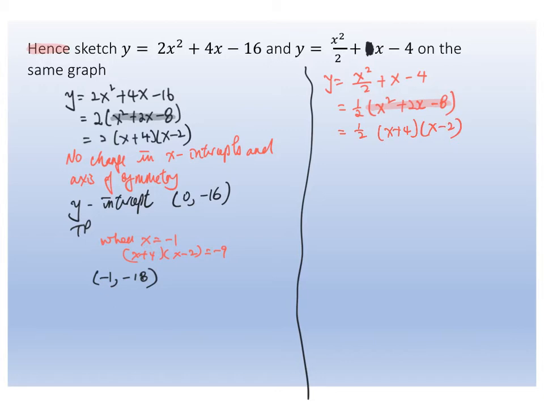Without even doing any calculation, you know that the y-intercept is 0, minus 4. And then the turning point will now be minus 1, minus 4.5, because it's half of 9. So therefore, there's no change in x-intercept and axis of symmetry. Let's go back and sketch.